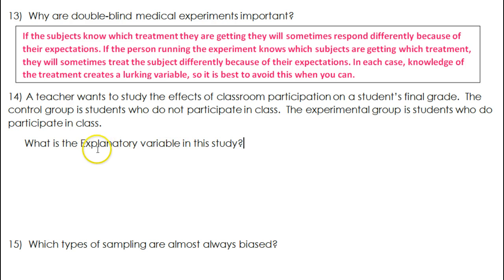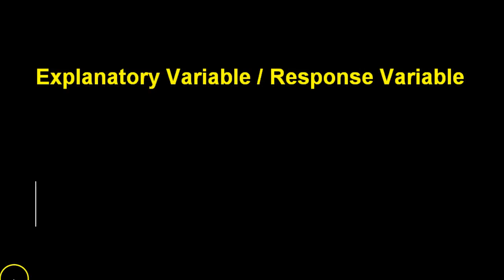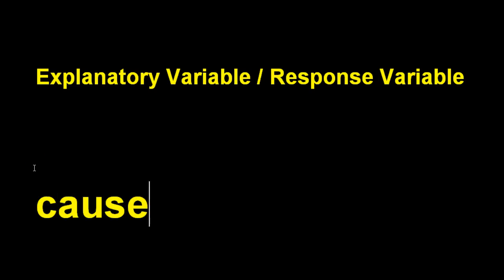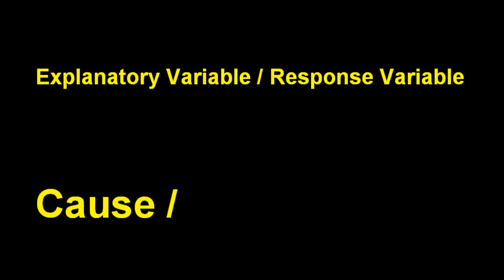Look, when we talk about explanatory variable, we normally pair this with another word. We often talk about the explanatory variable as opposed to the response variable. Now, the explanatory variable is the possible cause. Not always, but if we think in terms of cause and effect, it will help you get into the right frame of mind to answer the question.